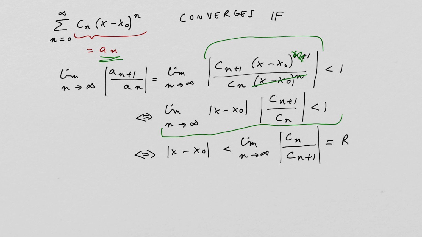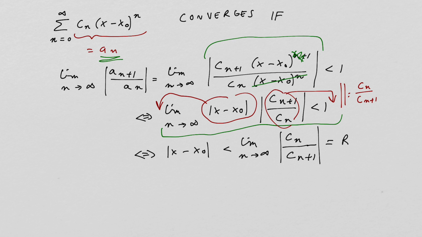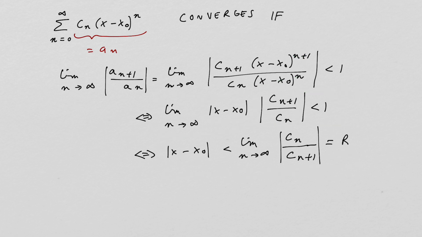Well, this number here does not depend on n, we can take it out from the limit, and then we can think in that way that we divide by c_n divided by c_{n+1}, that's one way to think about it, and we can shift this fraction to the other side then, and it will go upside down. And now this relation tells that this limit here must be the radius of convergence. So we obtained our formula.